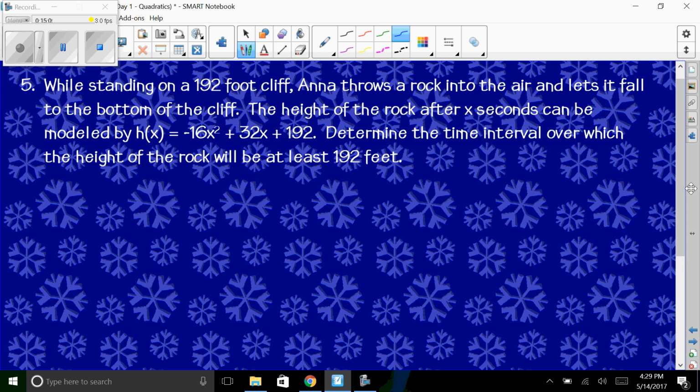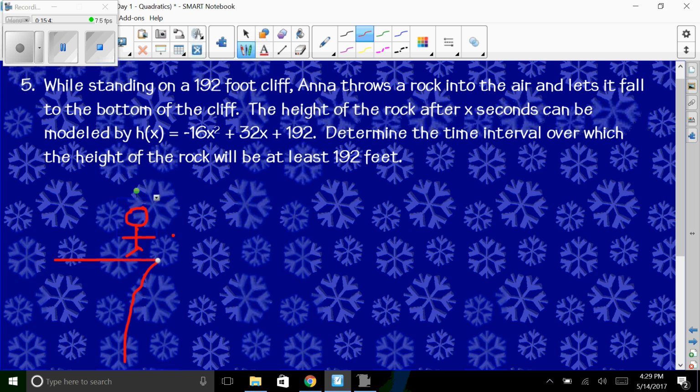It says, while standing on a cliff, Anna throws a rock into the air and lets it fall to the bottom of the cliff. The height of the rock after x seconds can be modeled by h of x equals negative 16x squared plus 32x plus 192. Determine the time interval over which the height of the rock will be at least 192 feet.